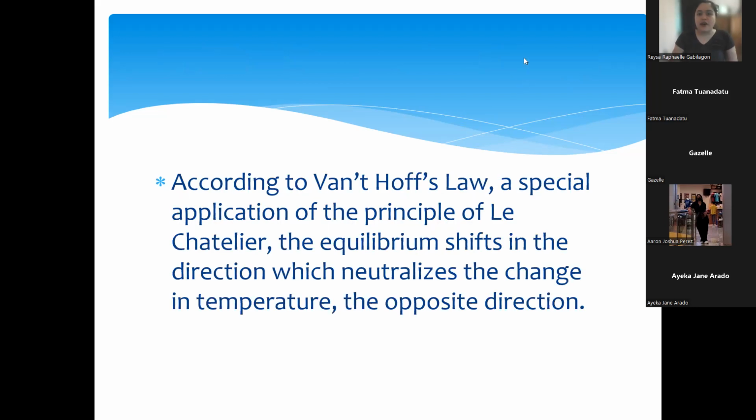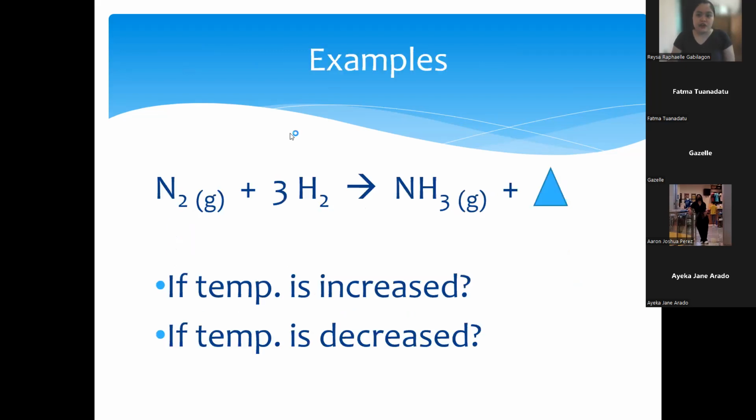Okay, according sa Van't Hoff's law, which is actually a special application of our Le Chatelier's principle, yung shifting of the equilibrium pag merong change in the temperature is yung direction ng shift is going to the opposite side wherein hindi mo makikita yung heat na yan or yung temperature na yan.